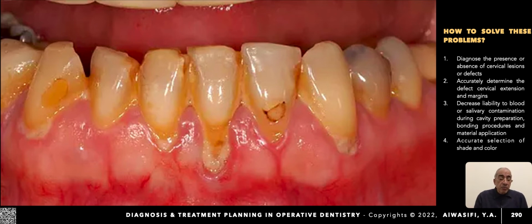This is a great problem unless you, number one, restore the periodontal health, and the patient having a good oral hygiene, you couldn't start your restorative management.